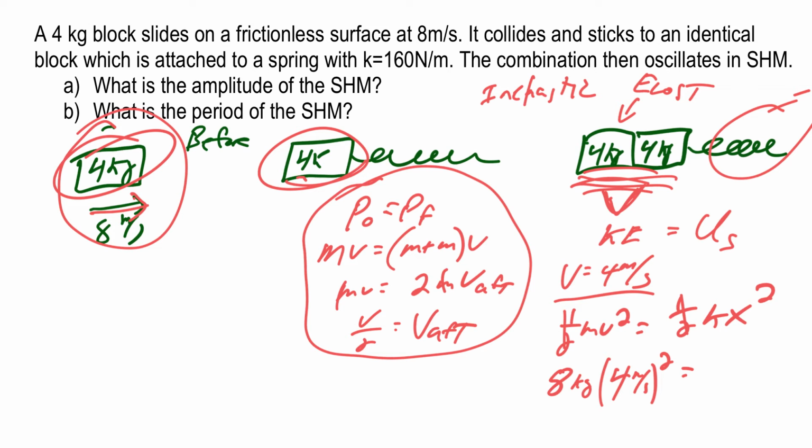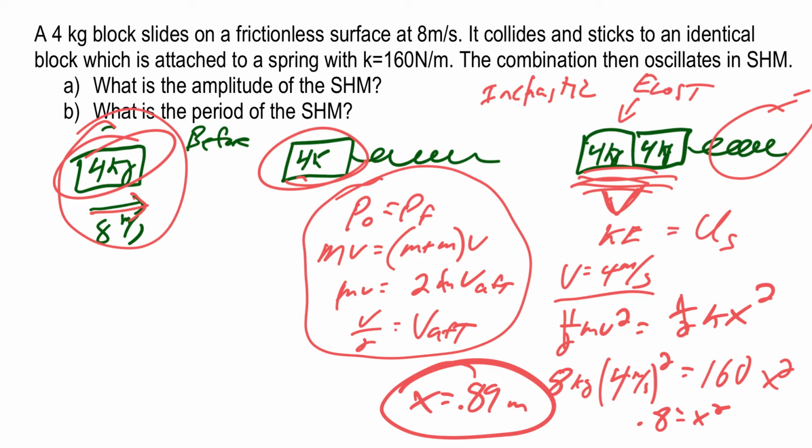And then our k was 160 times x squared. All right, so I'm getting 8 times 4 squared divided by 160. That gets me 0.8. 0.8 equals x squared. Square root that. 0.8 square rooted, and I get 0.89 for x. So that's right here. X equals 0.89 meters.